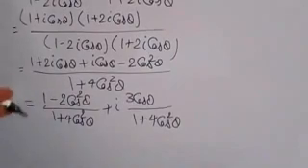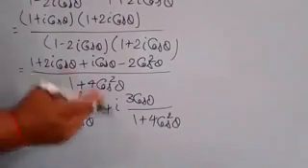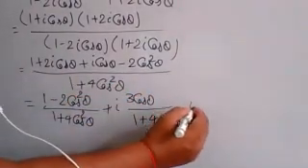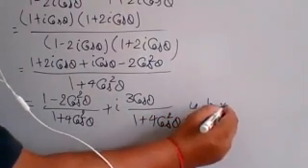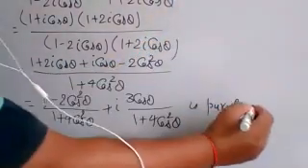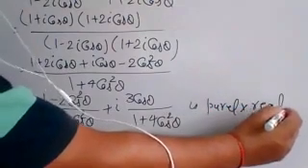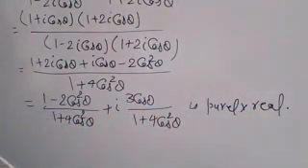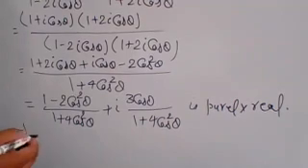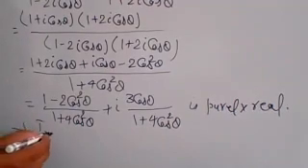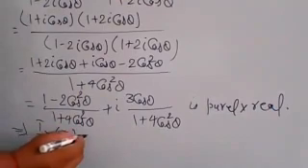In this question it is given that the complex number is purely real. When it is purely real, its imaginary part is 0. This implies the imaginary part of Z is equal to 0.